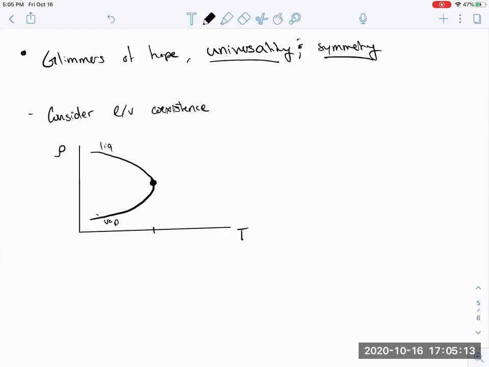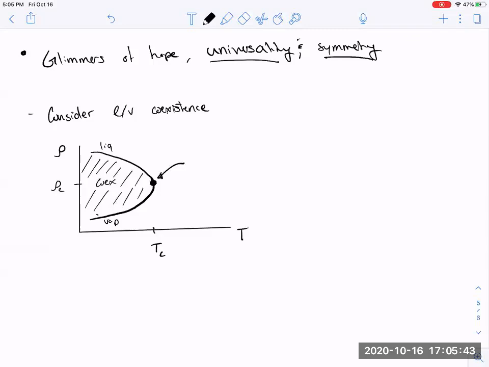Let's call that point Tc in temperature and rho_c in density. So again, this is the coexistence curve. If I set the system up with a temperature and density under that line, I would see the system phase separate into a liquid in contact with a vapor.